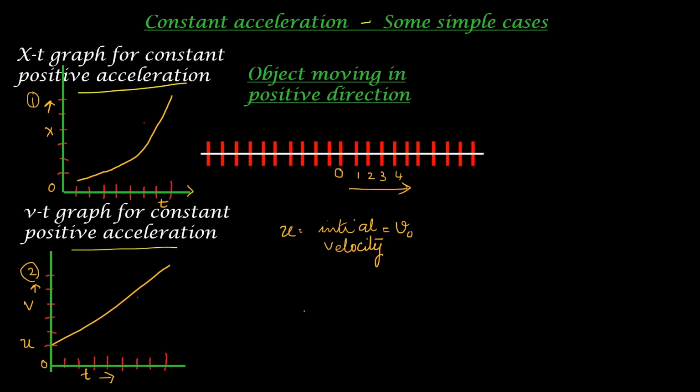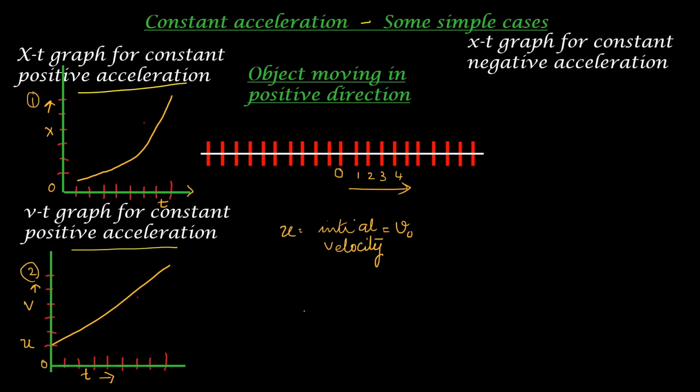Now we will take up object moving in positive direction with constant negative acceleration. That is, the velocity continuously decreases. What will be the nature of the position time graph for this case? The position time graph is directed downward because as the time increases, the position or the distance from the origin goes on decreasing.